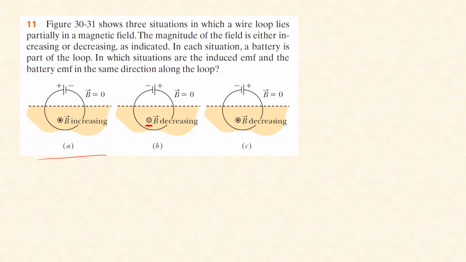This one B is into the page. This is out of the page. So B is out of the page and it is increasing. So which direction is the induced current in part A? Is it clockwise or counterclockwise? What do you think?